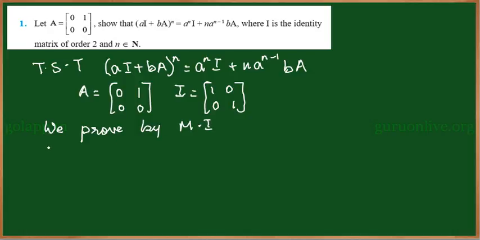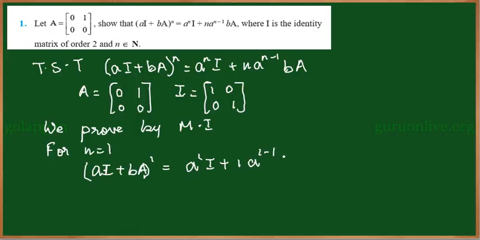First we have to prove it for n equal to 1. That means we have to prove LHS is equal to RHS for n equal to 1. Substitute n as 1 in the equation. We get (aI + bA)^1 is equal to a^1 I plus 1 into a^(1-1) bA.